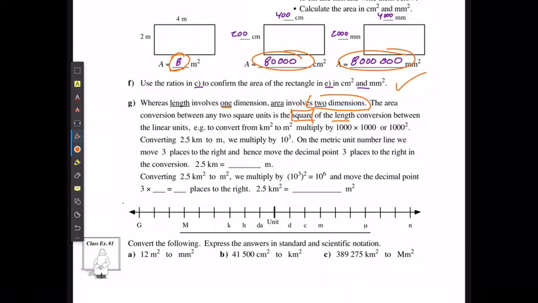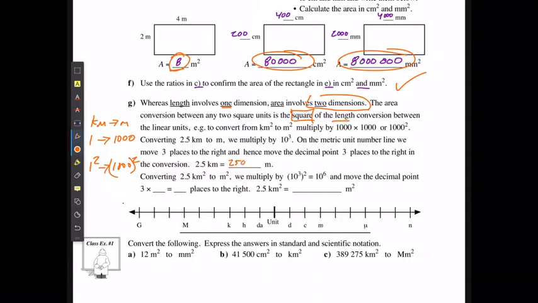So if I said that I had the linear units of kilometers to meters, that would be 1 to 1,000. If I do the area units, that's going to be 1 squared to 1,000 squared, or 1 to a million.